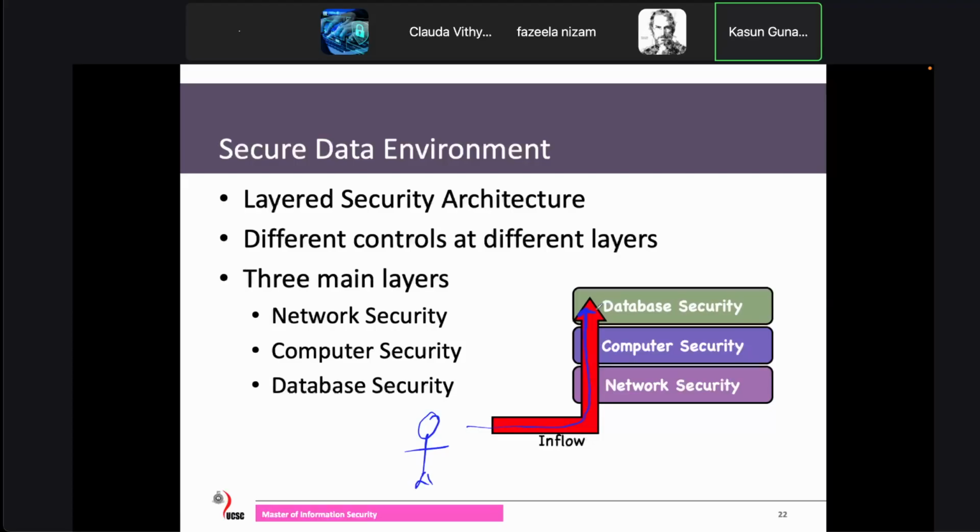So then if that is the intended user, then the intended user will be able to reach the intended data. But if that is an unintended user, that user should be denied at some point in this journey, at least in one layer. So that is the overall idea here in layered architecture.